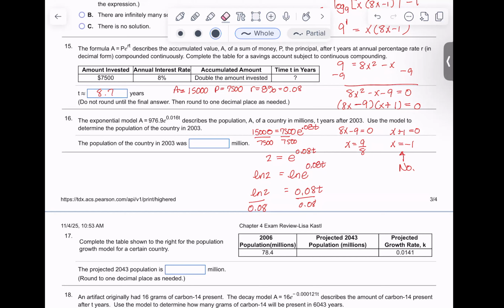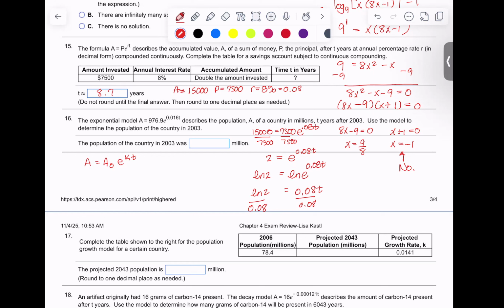Problem 16, after all that, is the gimme problem of the exam. You should not get this problem incorrect. I promise you, you should not get this problem incorrect. Okay, so the exponential growth model, let me explain why. The exponential growth model is A equals A sub 0 e to the kt, where k is the growth constant.